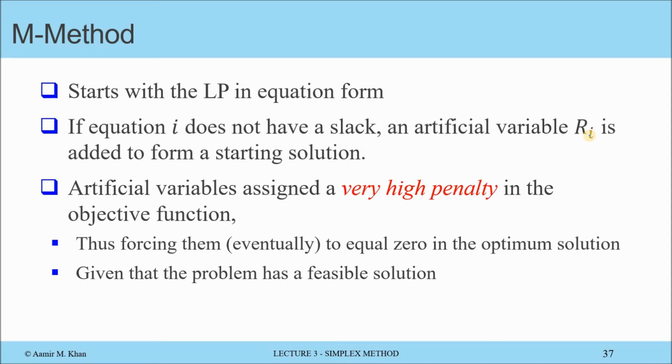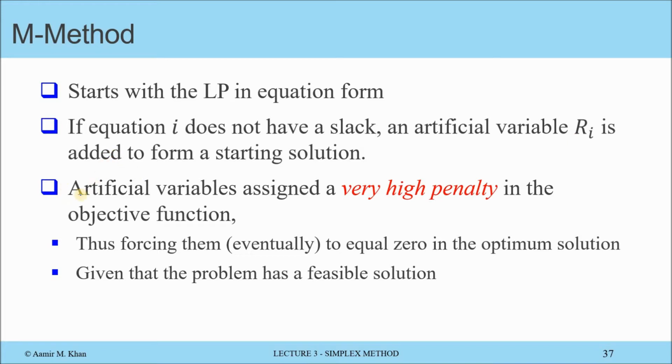Why do we want to keep them separate? Because remember, we are introducing them artificially. They are not real. We want to remove them at the end of the whole exercise. So we add these artificial variables to form one starting solution, but to remove them at the end, because they are not real variables, we don't want them to affect our objective function.